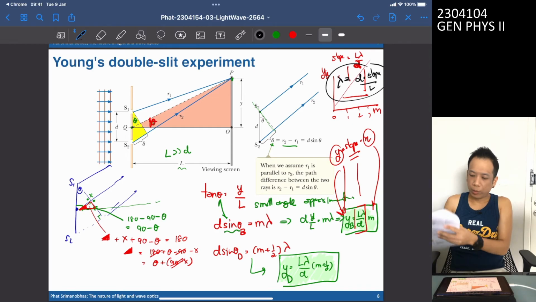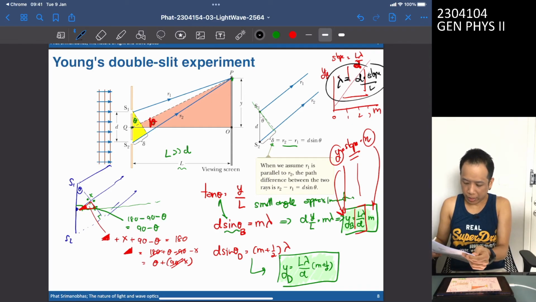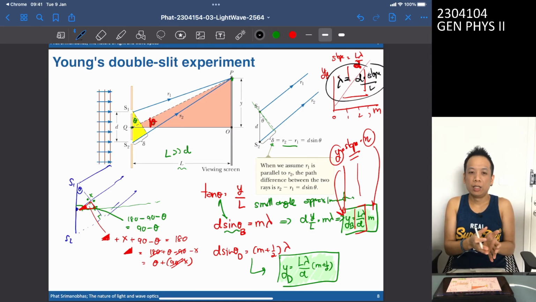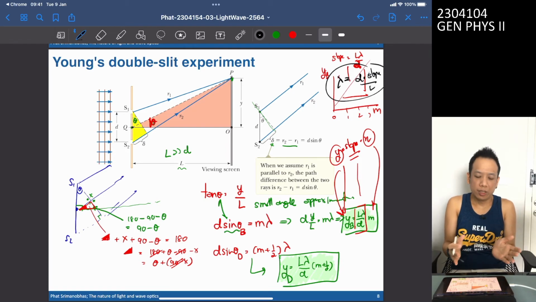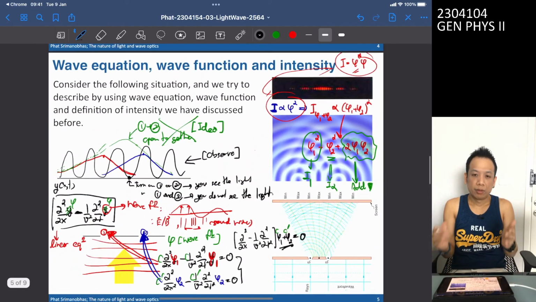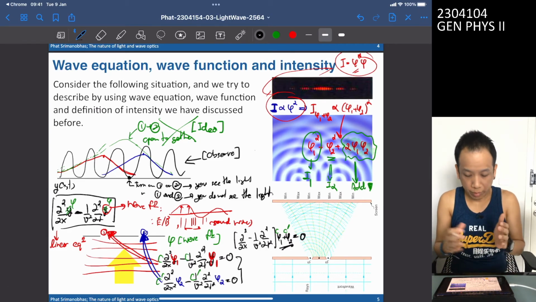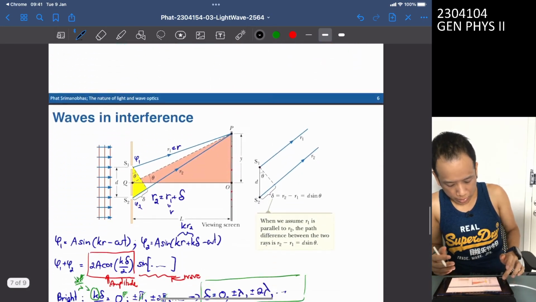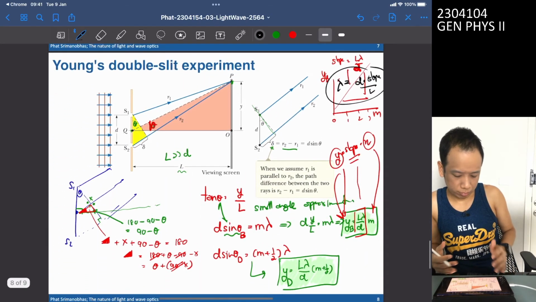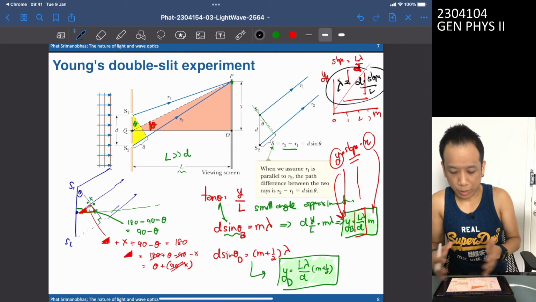Okay, so this is the result of the experiments, and we call this one Young double slit experiments. So you can see that even if you don't know what the Young double slit experiment is, you can start from the wave superpositions, wave functions, try to sum them, describe the phenomena, and then you get it right here.